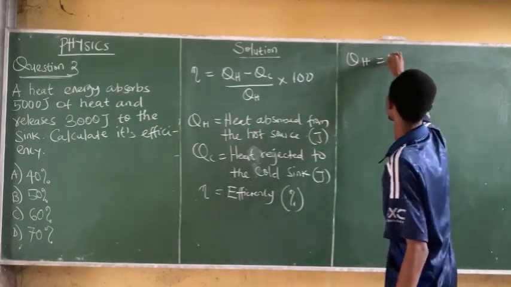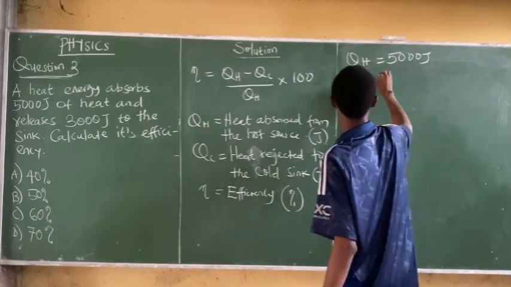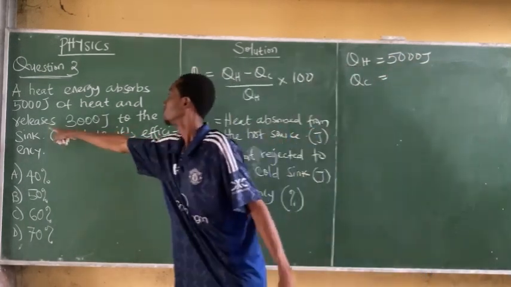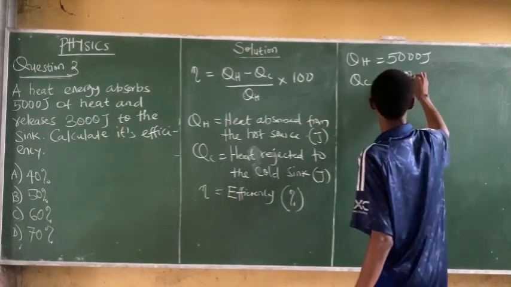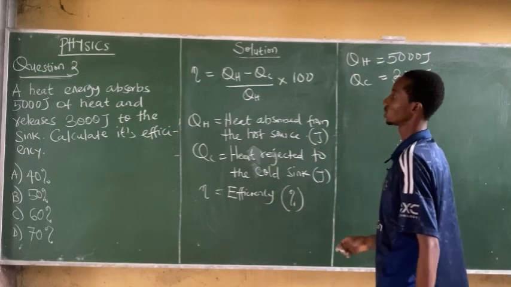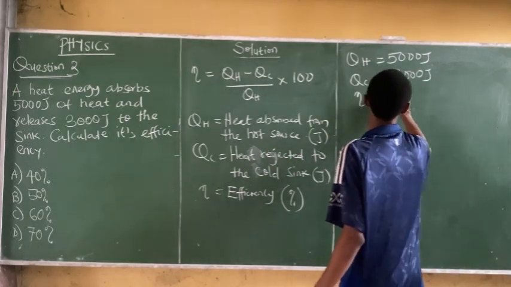We have 5,000 joules. Our QC releases 3,000 joules. So we have QC, 3,000 joules. They say calculate its efficiency. The efficiency is unknown.